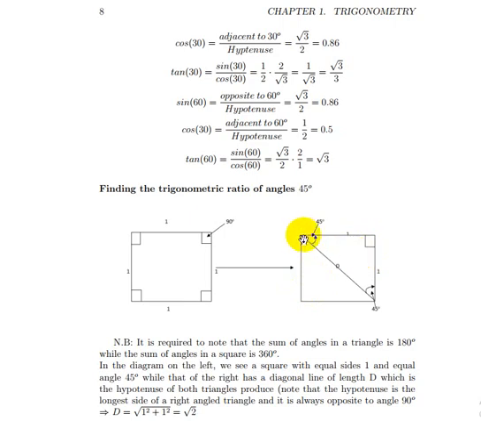If I split this square with a diagonal line whose distance I call d, you realize that I will split it into two triangles. I'm going to split this angle of 90 degrees into a half of 45 degrees here and 45 degrees, and I'm also going to split the other one into a half of 45 degrees.